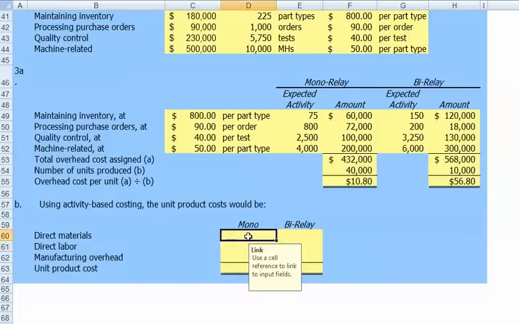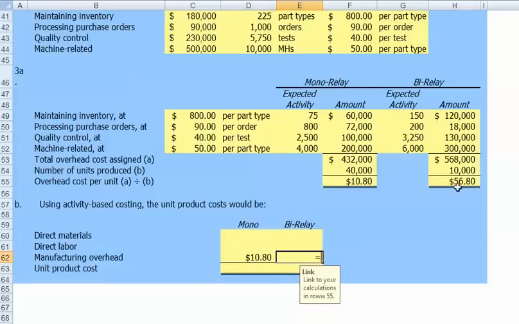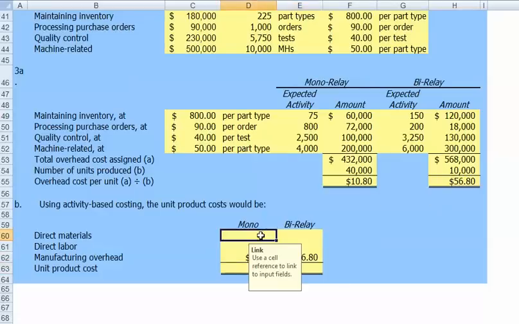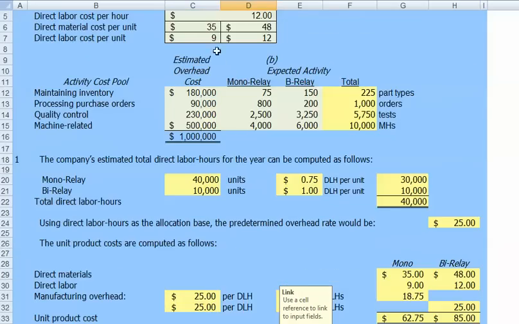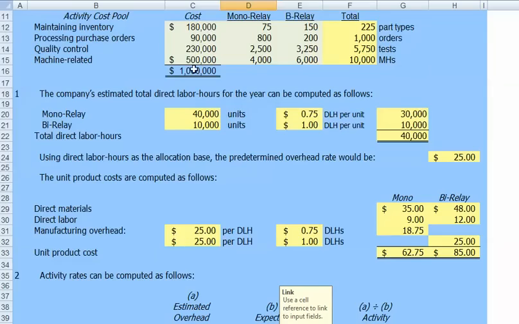Finally, I need to pick up the total cost of each. My direct materials, direct labor, and the overhead that I've just calculated. There's my overhead. There's my overhead per unit. My direct materials were right up top. My direct labor was right below that.